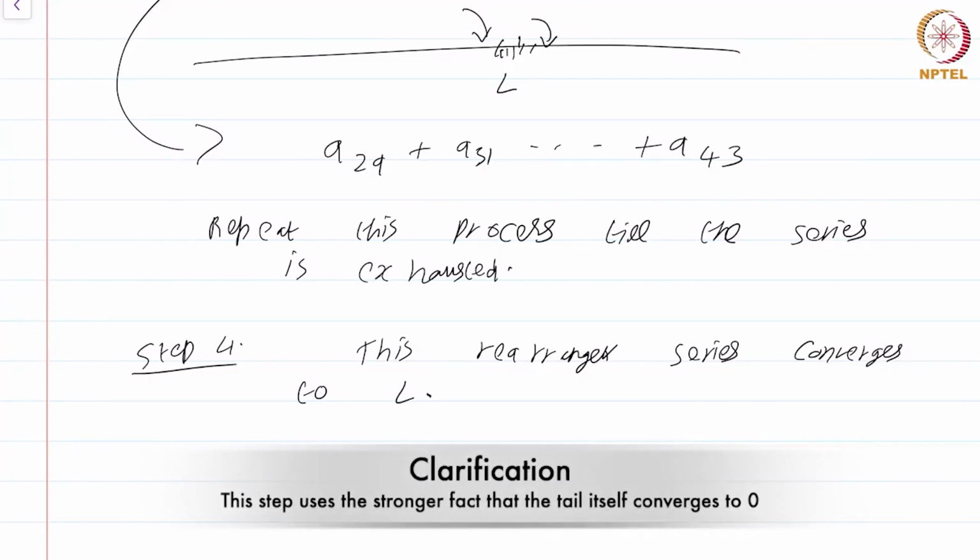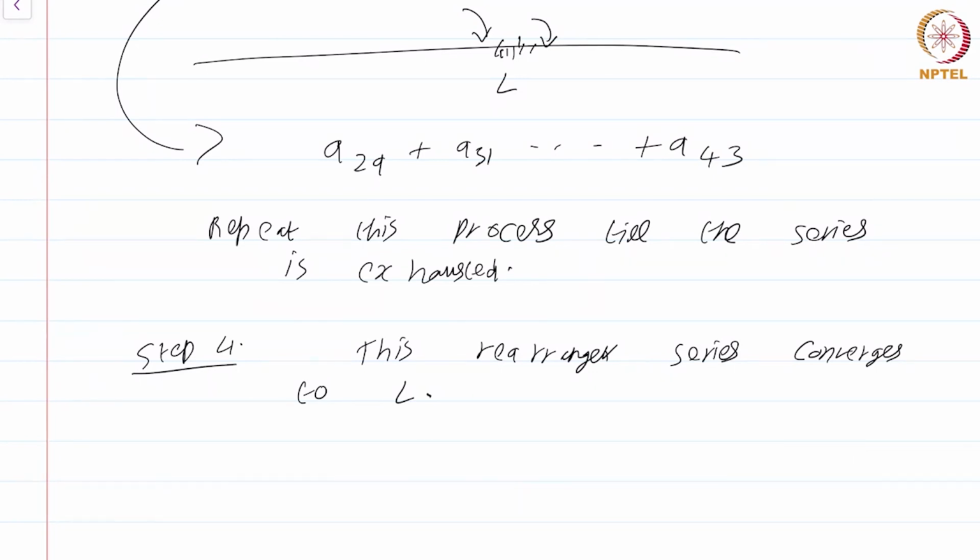Therefore, the nth term of the original series must converge to 0. I'm essentially handing you the proof on a silver platter for the final step, but there are still details for you to fill. So I urge you, please fill up the details, finish the proof entirely on your own.